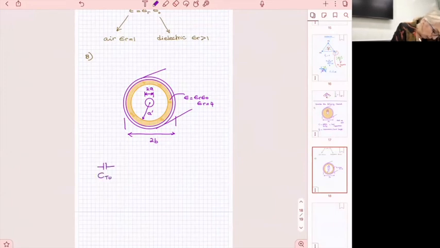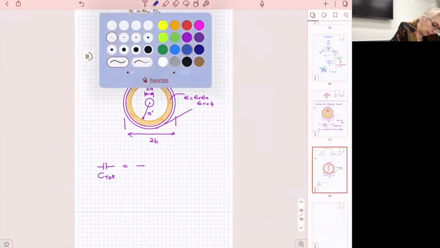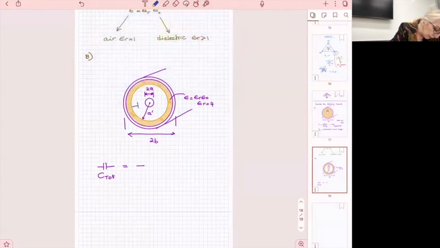Yes, exactly. So the total for this, C total, would be C for this plus C for this.